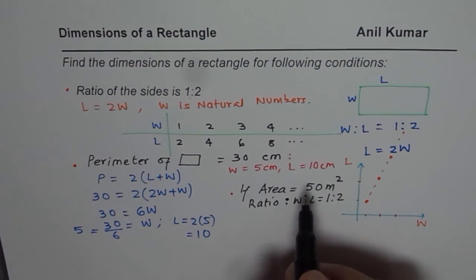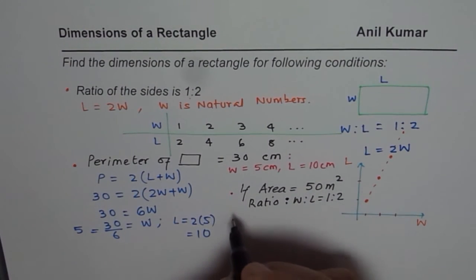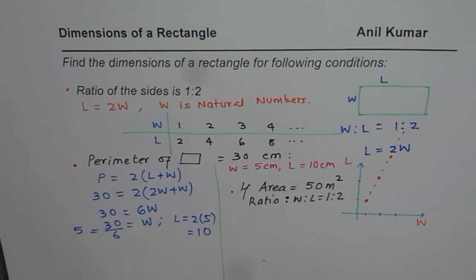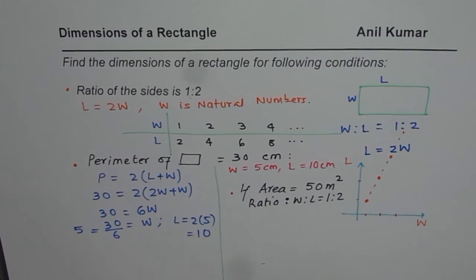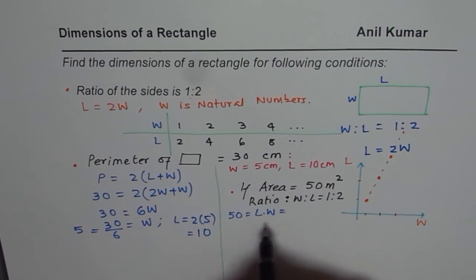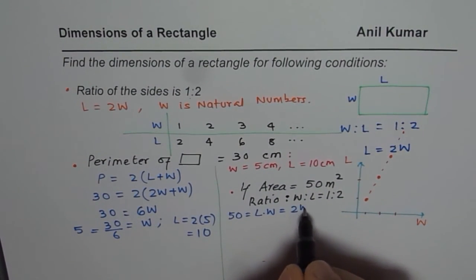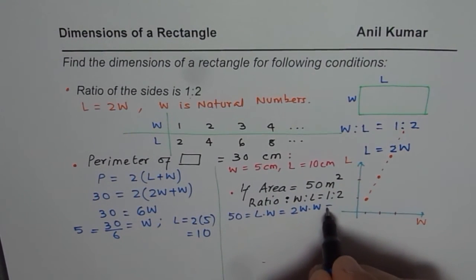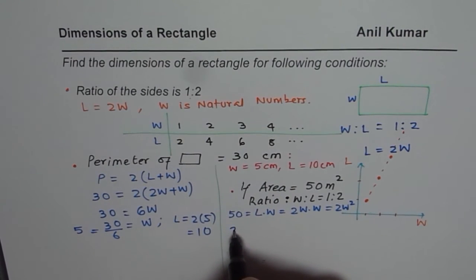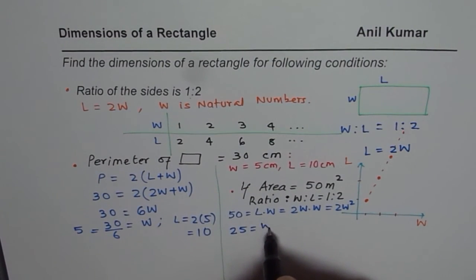My answer: area is length times width. We know 50 is my area, so 50 is length times width. But we know length is 2 times width, so we get 2 times width times width, which is 2 width square. If I divide by 2, I get 25 is equal to the square of the width.